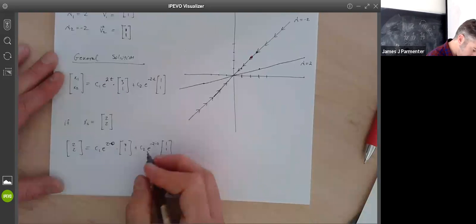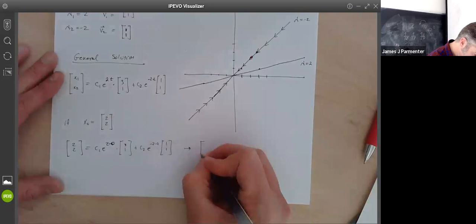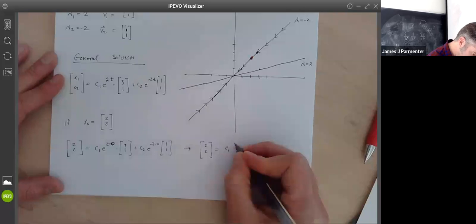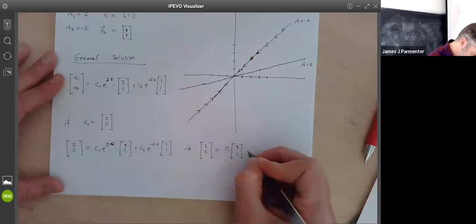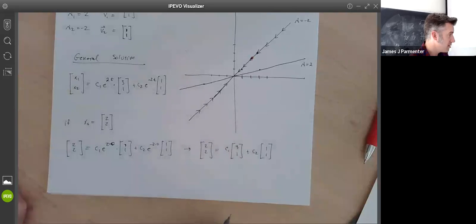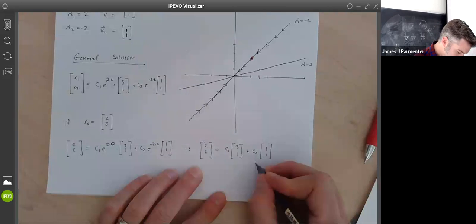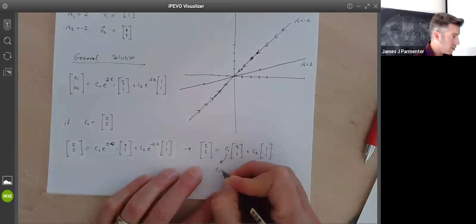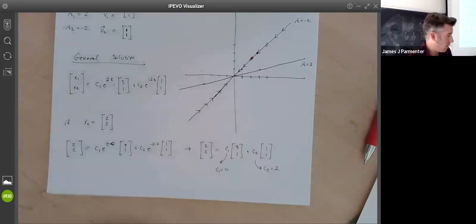That's going to give me 2, 2 equal to C1 times 3, 1 plus C2 times 1, 1. And you know what the solution to this is going to be? It's going to end up being C2 equal to 2 and C1 equal to 0. We could do the work, right?